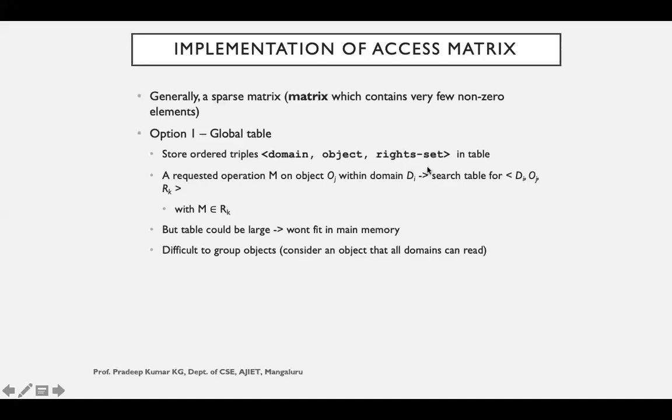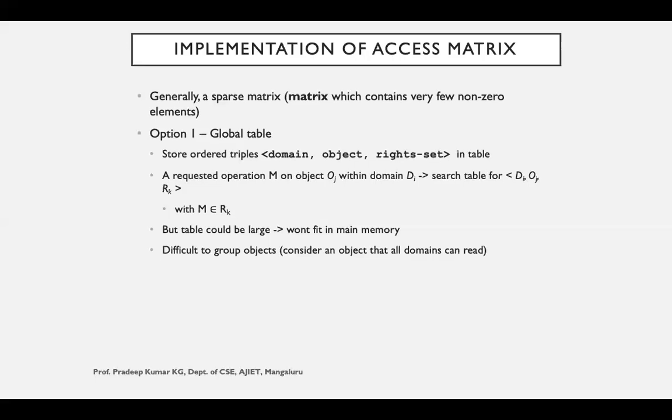This rights set is nothing but either a group of access permissions, say read, write, execute, all those, or only a few, or only one, or nothing. So we can represent this kind of access permissions in the form of triples, which has three attributes in the table: domain, object, and rights set.